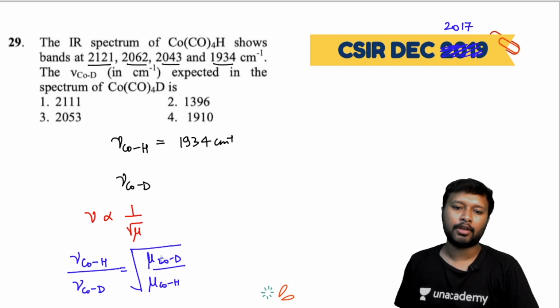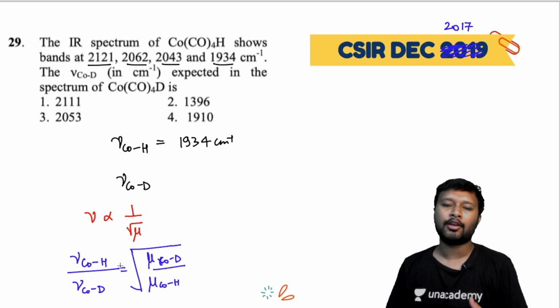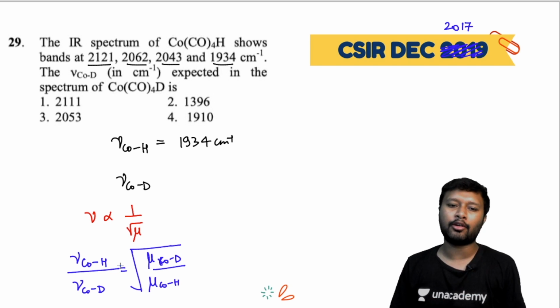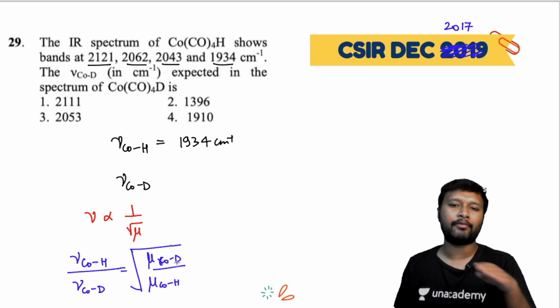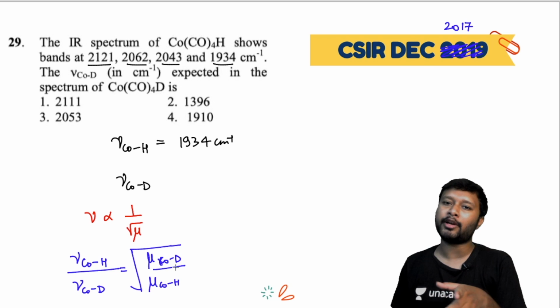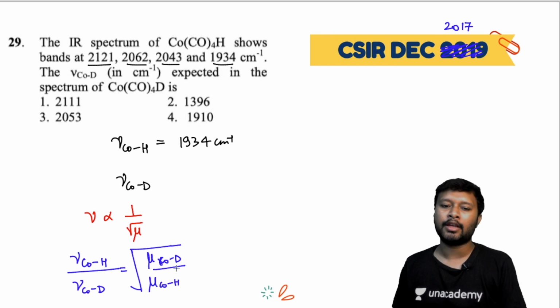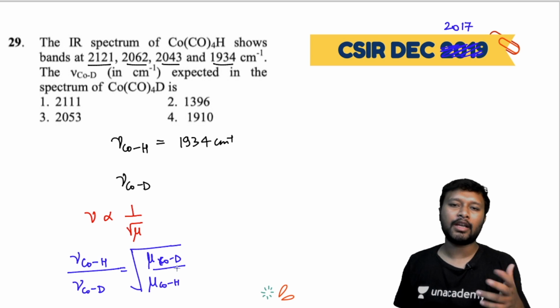Now you can either do the calculation by putting in the value of cobalt, or you can just neglect the denominators. Because you have M1 M2 upon M1 plus M2, in the denominator you will have the mass of cobalt plus the mass of deuterium, whereas in the other you have the mass of cobalt plus the mass of hydrogen.